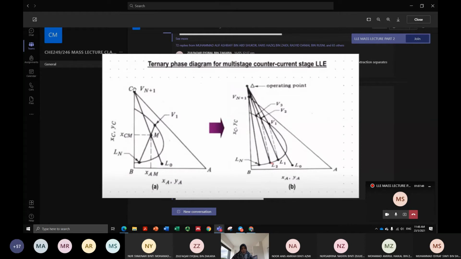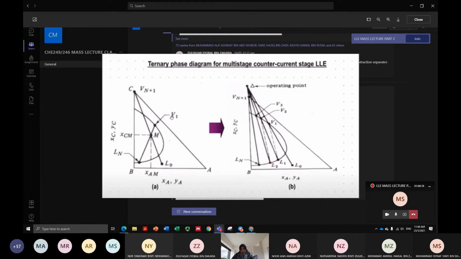Same thing with your solvent. Your solvent has still not undergone the process, therefore it can be outside of the equilibrium curve. Now let's look at V1 and Ln. Ln is your product, which is called raffinate.